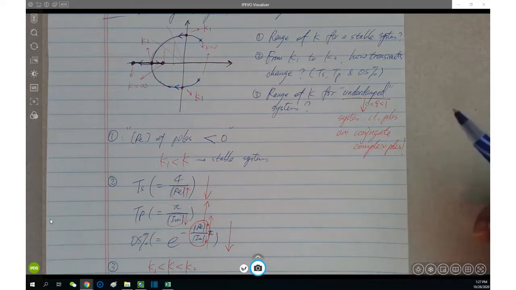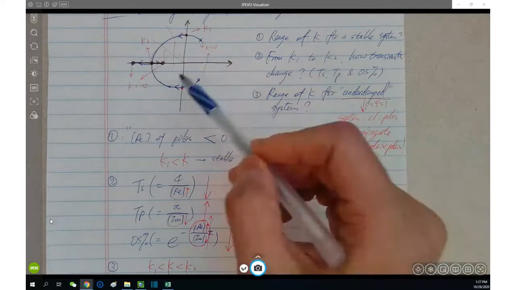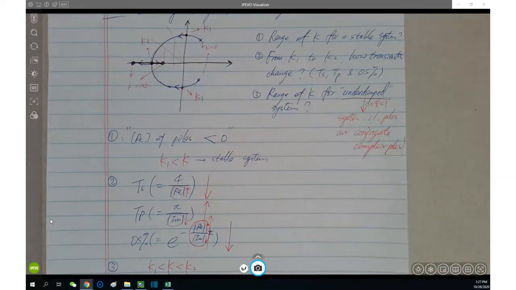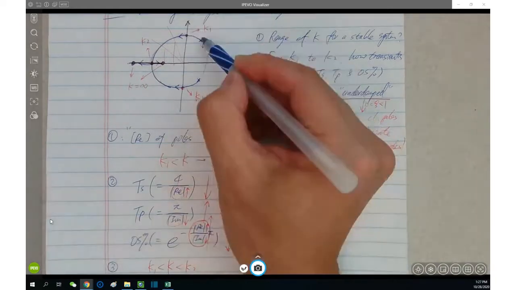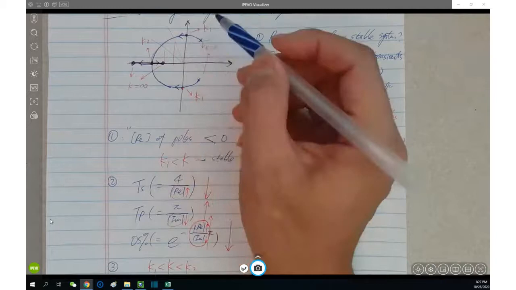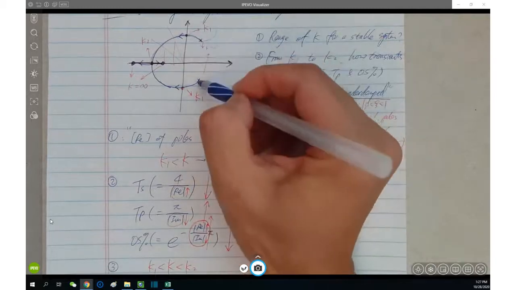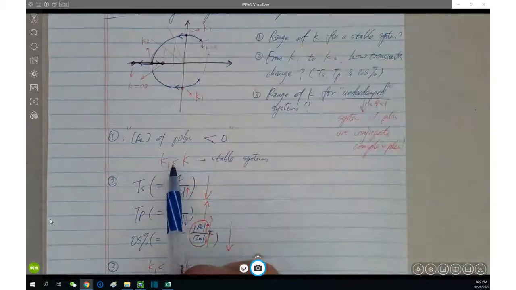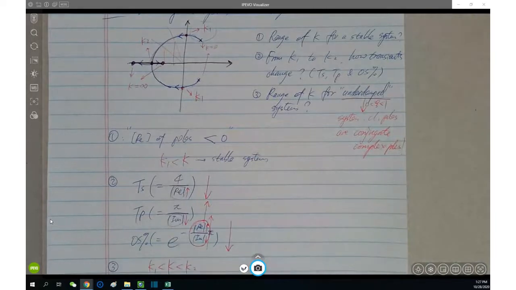And with this being said, we just need to find where in the S-plane we are seeing complex conjugate poles. So where are they? We obviously want to forget anything before K1. Anything before K1, as we said here, is unstable. So we forget them.